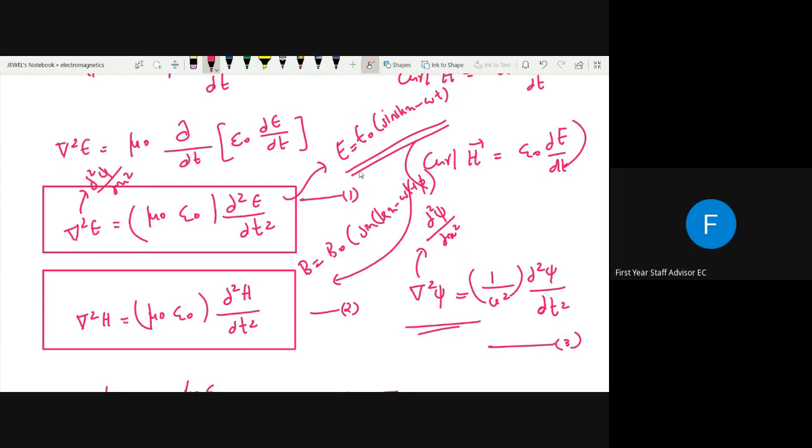That gives an intuition that electric and magnetic field vibrations along space in an electromagnetic wave are sinusoidal, and they are perpendicular.